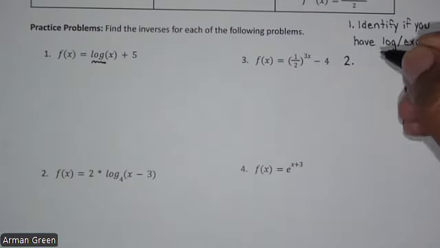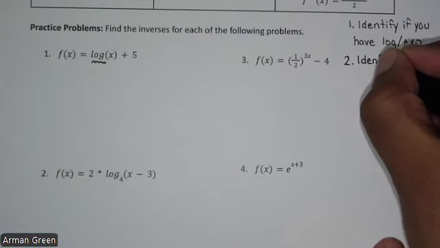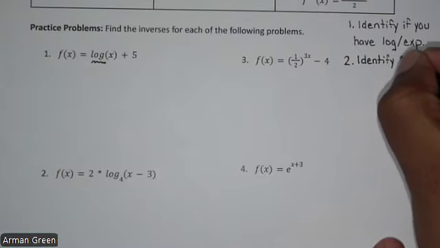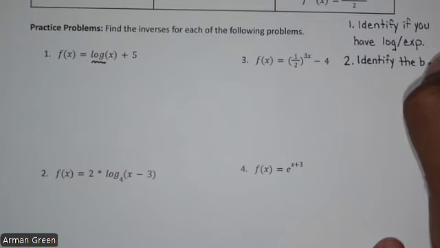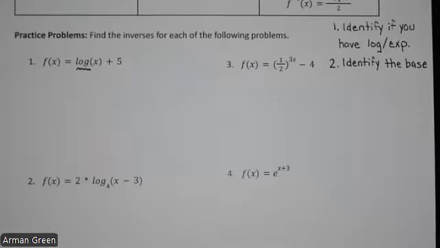Now, step two, what we need to do is identify the base. Identifying the base is going to be helpful for us because it is going to help us with starting out our inverse and how we write it.